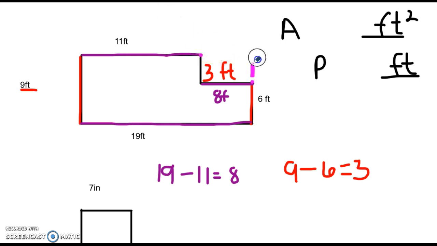So I'm going to erase this part right here. I'm going to break this up into two different shapes, okay? So I'm going to have this shape right here, which is a rectangle, and the base is 11. And you might say, well, the base is usually on the bottom. You are right. Right down here would be the base, but it's not 19.